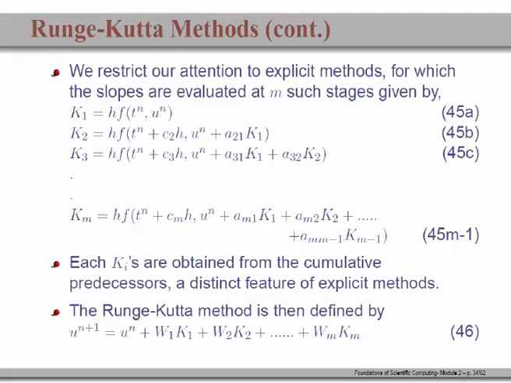Having obtained k 1, we could obtain the solution at a next stage, which is in between T n and T n plus h, so that C 2 is less than 1. So, you have some intermediate point, which is C 2 h from T n, and there we also calculate the dependent variable as some kind of a weighting of what we have just now calculated at the previous level, k 1.